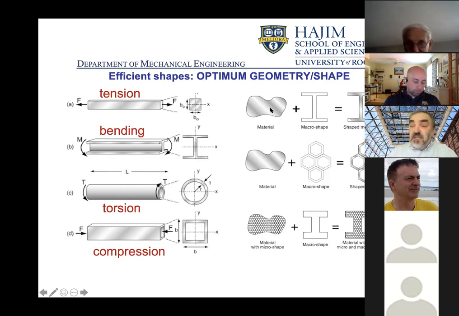It could be ceramic, could be glass, it could be metal, could be plastic, could be polymer, whatever. Then we have a macroscopic shape, a shape that I can actually see with my eyes. But then I can possibly have a material that has a microstructure to it. It could be grain boundaries, it could be defects in the structure, and so on and so forth. Therefore, when we look at engineering structures, we look at the material plus a shape.